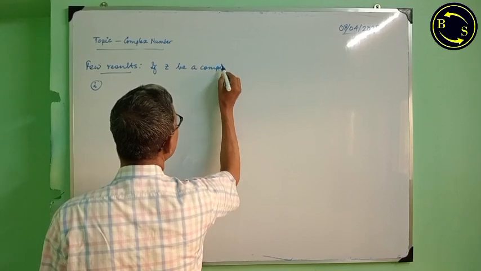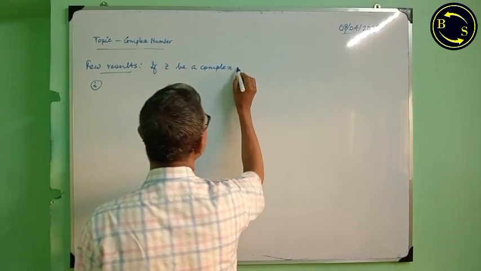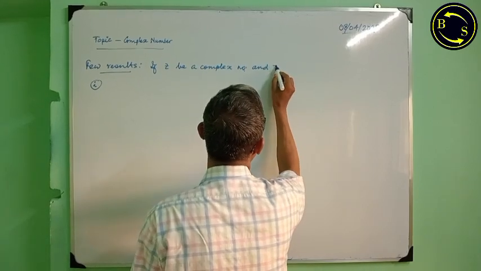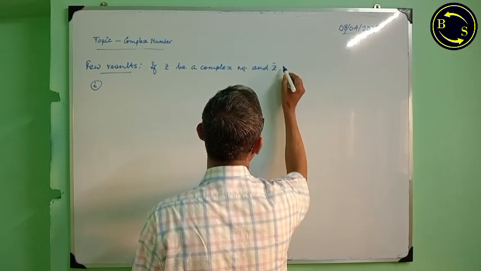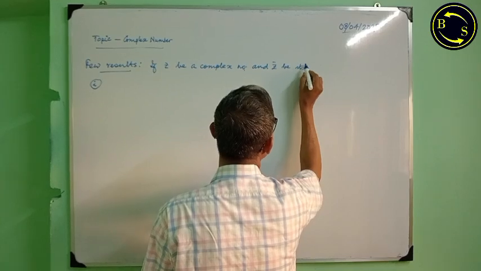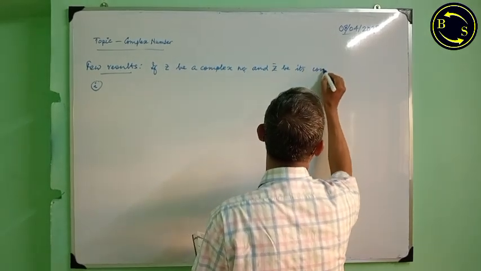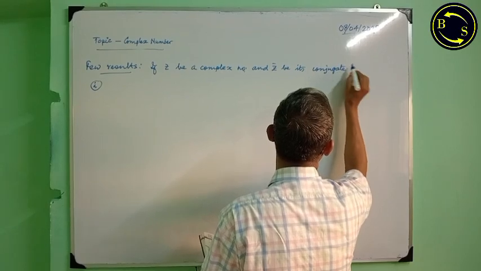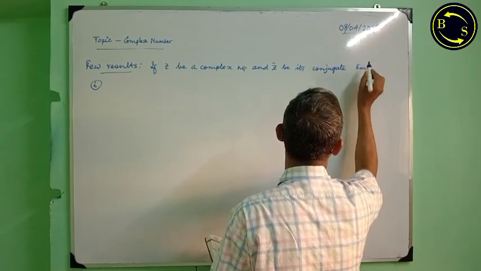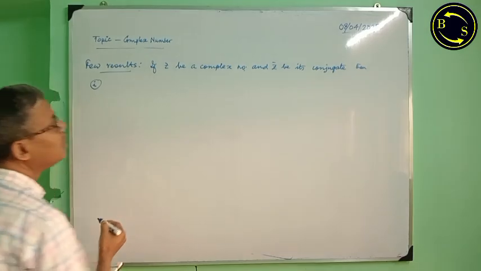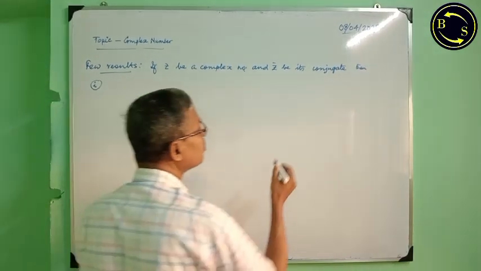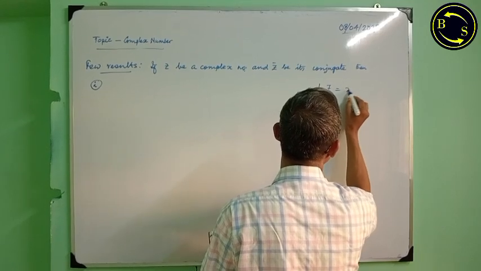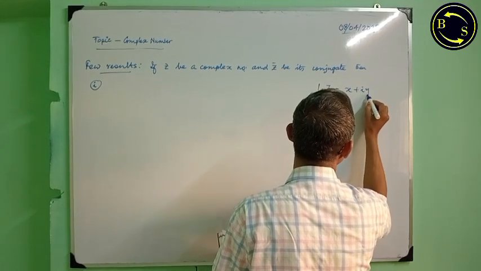If z be a complex number and z bar be its conjugate, then also we take z equal to x plus iy.